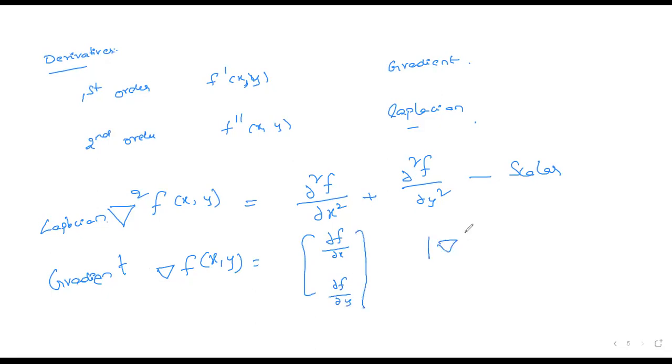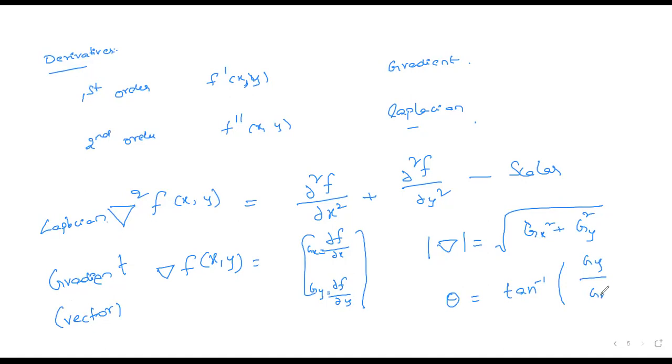The magnitude of del is given as the root of gx square plus gy square, where gx and gy are these two terms. And since the gradient is a vector, we have to represent its direction. The direction is given by the angle, tan inverse of gy by gx.